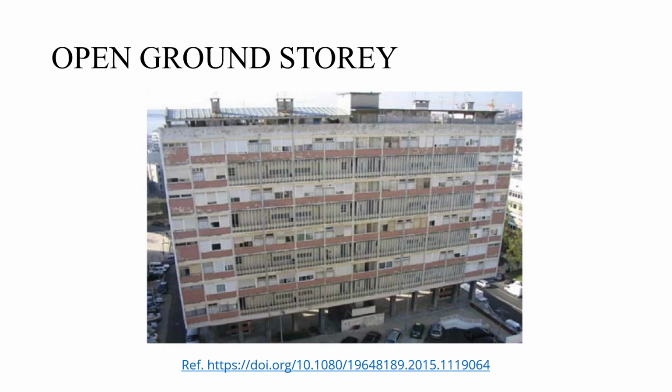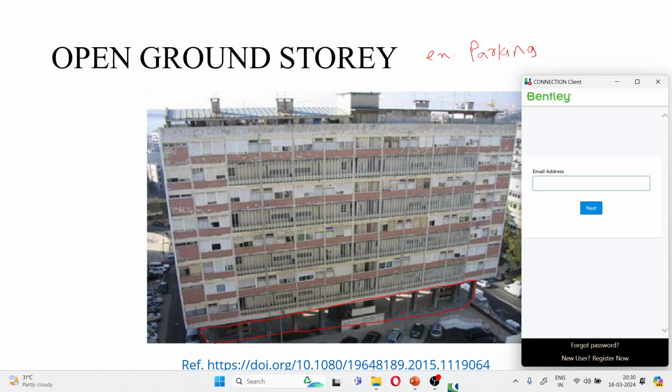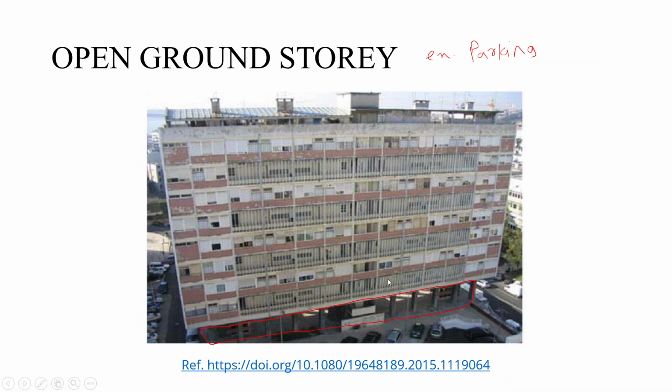What is an open ground story? A simple example is that in our buildings we keep the ground story open. Open means there will not be any walls around the columns.